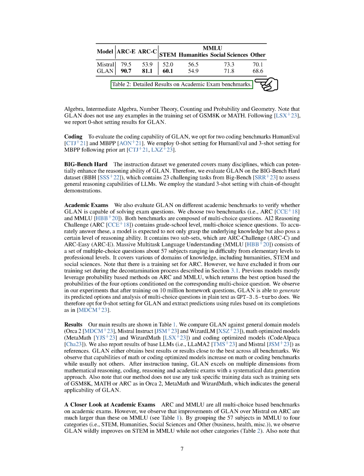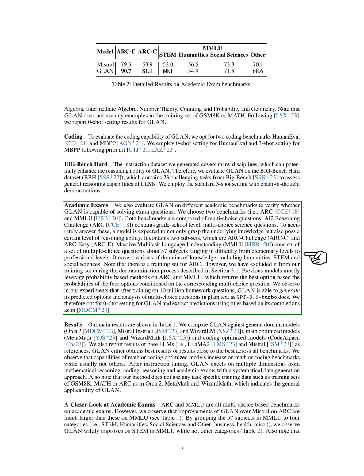For academic exams, we test GLAN on benchmarks consisting of multiple-choice questions in science and a wide range of other subjects. These benchmarks are the AI2 Reasoning Challenge and the Massive Multitask Language Understanding. Notably, we exclude any training set data from these benchmarks during our decontamination process to ensure our model's ability to generalize.